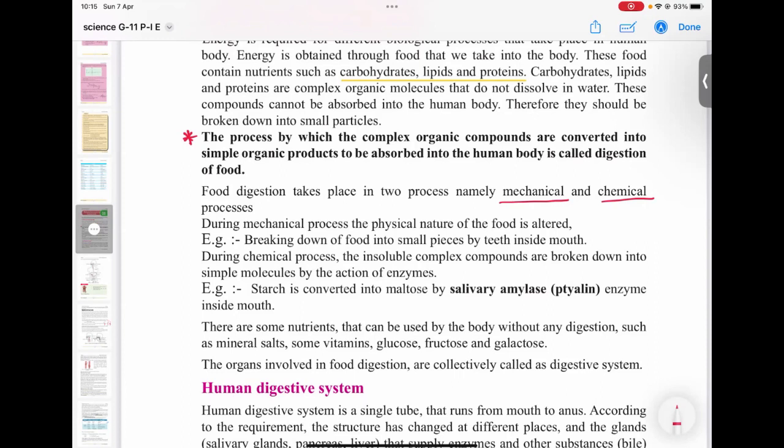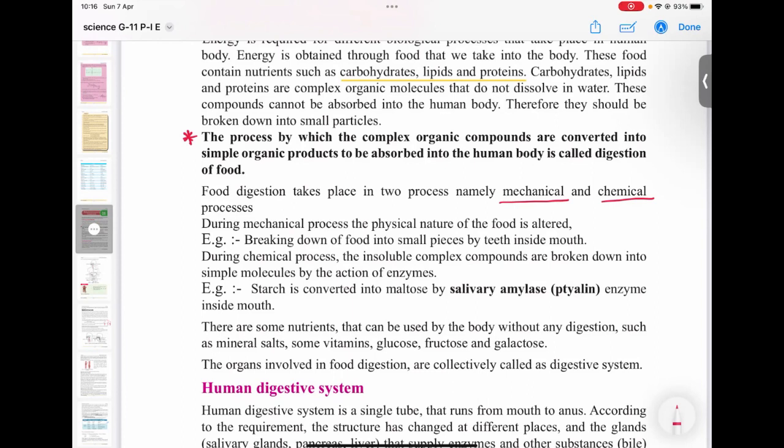Also, when you are eating, you're not eating some dry paste, right? Something comes and mixes with that. That is your saliva. In your saliva, you have salivary amylase. What is salivary amylase? It is an enzyme. You might have studied when learning proteins that enzymes are proteins that are catalysts, which take part in the reaction but are not consumed.